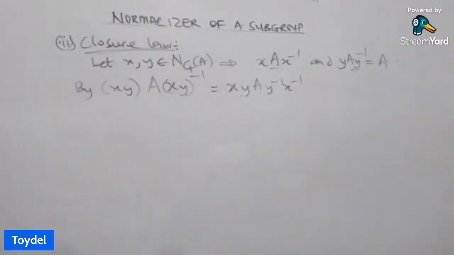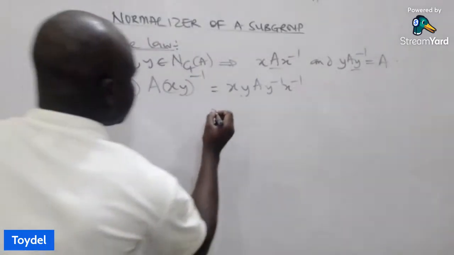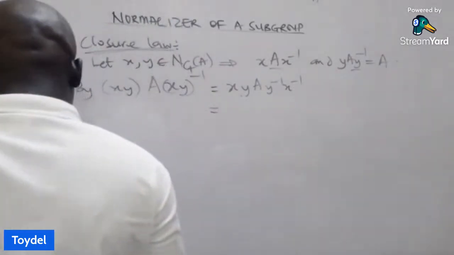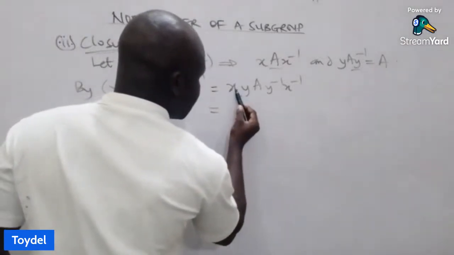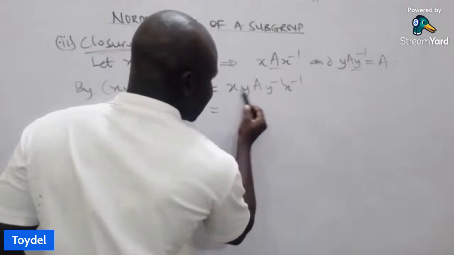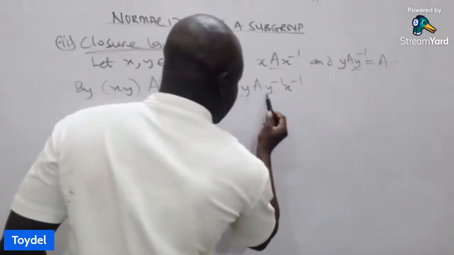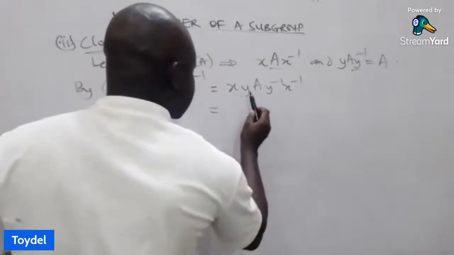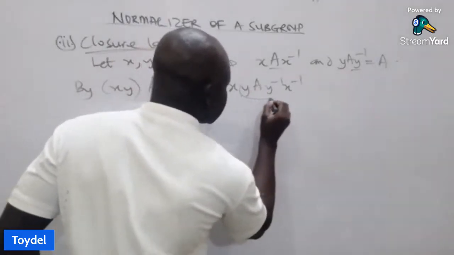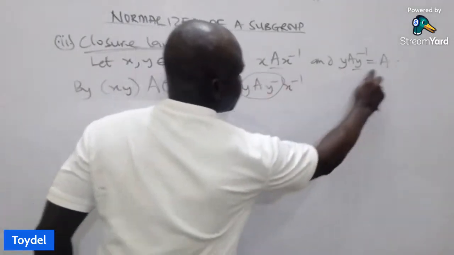So from there, we can have it that X and X inverse can actually give us the identity. This simply means that what I have in between here can give me A from here.